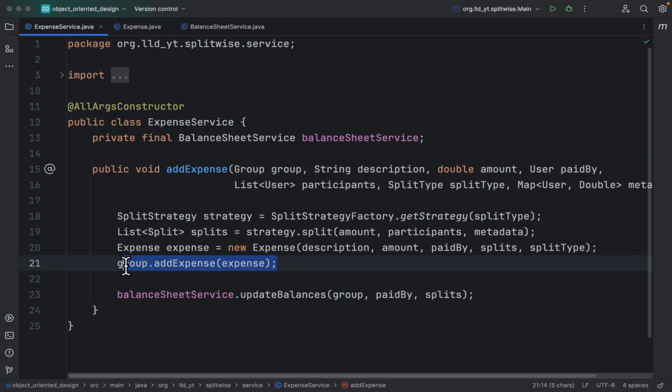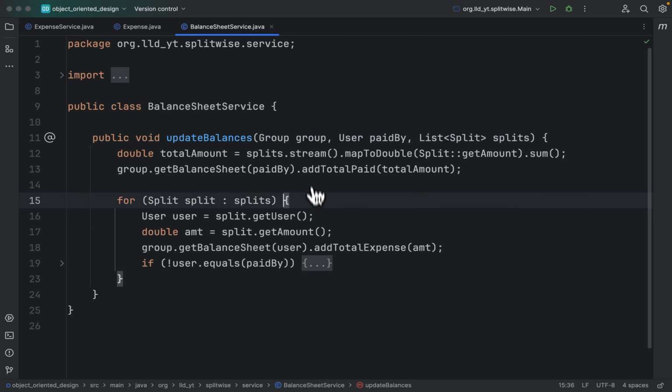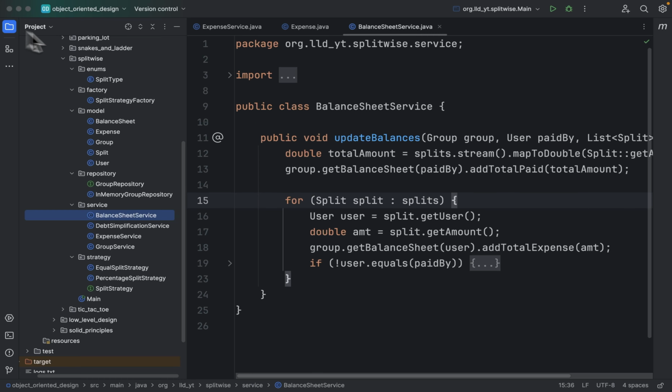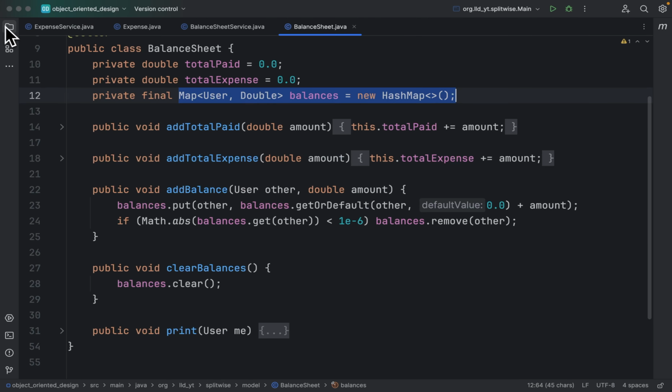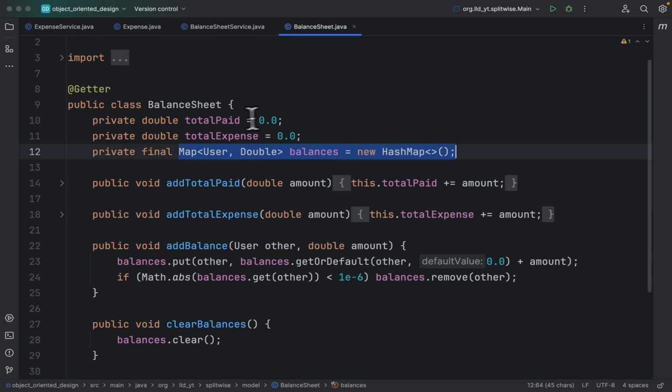Once I add an expense into the group, I need to update the balance sheet of all the users who are present in that group, right? So that logic is present in the balance sheet service. Let's check that out. If you remember, in a balance sheet, we have three attributes: total paid, total expense, and the balances.